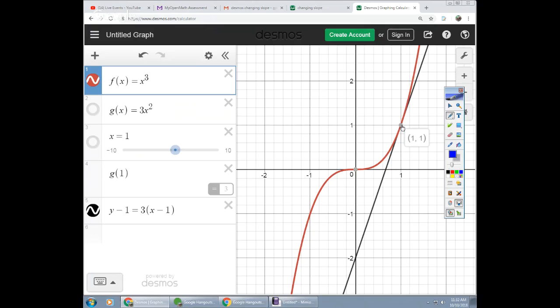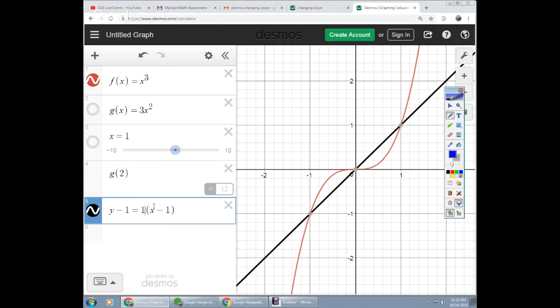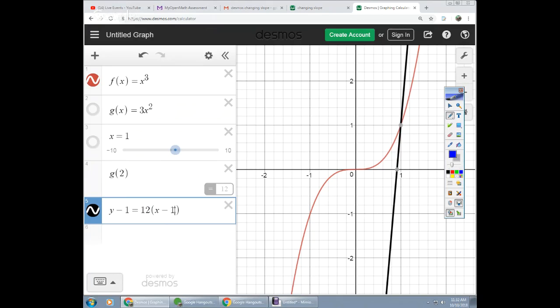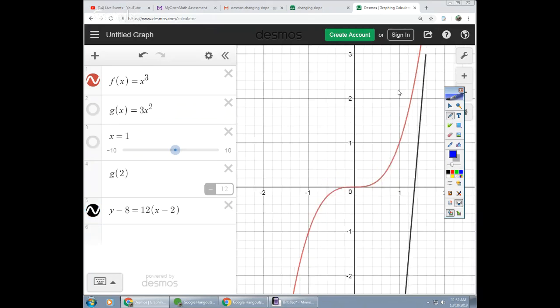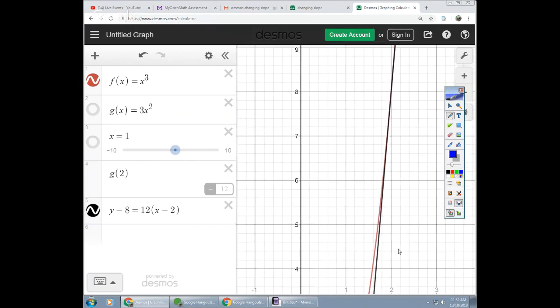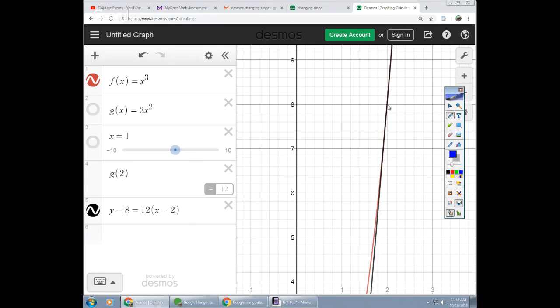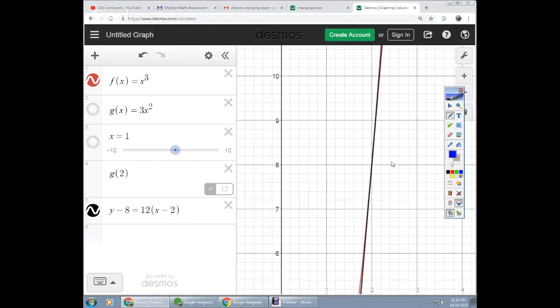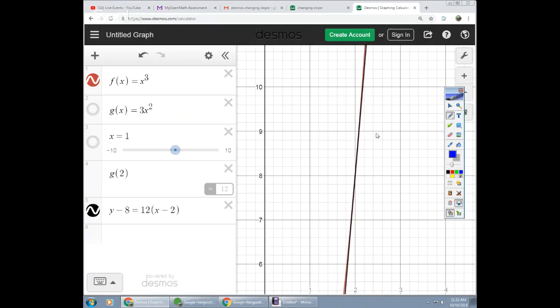Yeah, and we could double check it by saying, all right, let's let g equal 2. And the slope should be 12. The point is going to be 2, what's 2 cubed? 8, so the point 2, 8 on the graph, so that's way up here. 2, 8 is right there. Does that black line look pretty tight to the red curve?